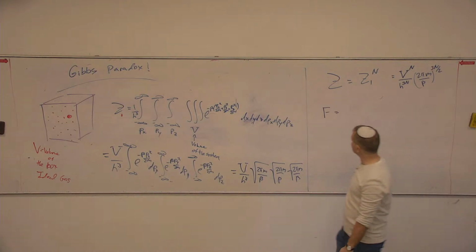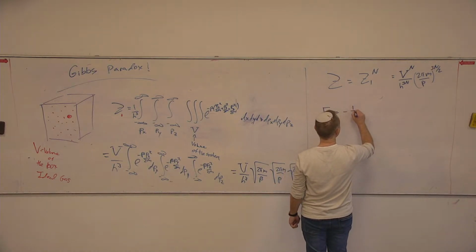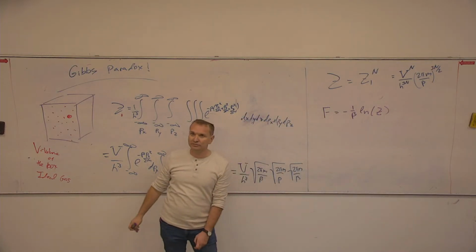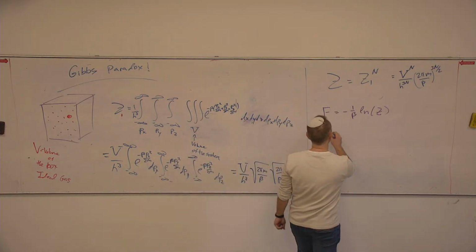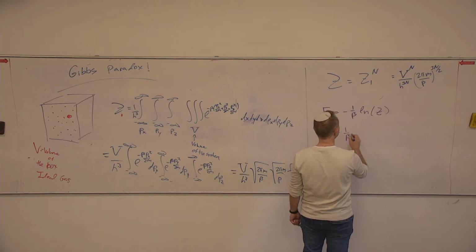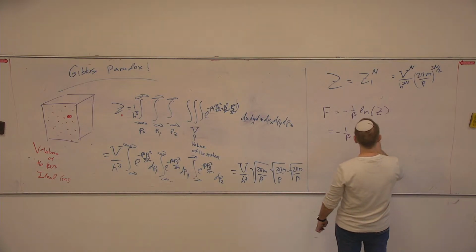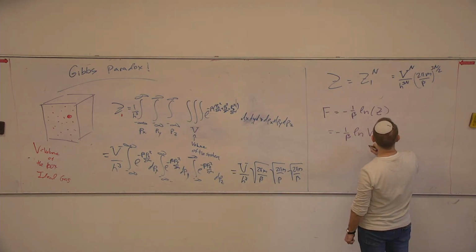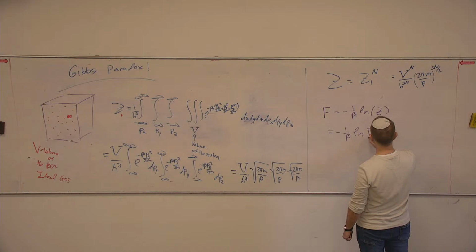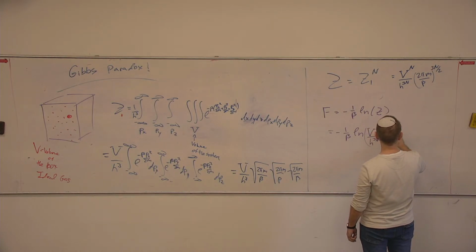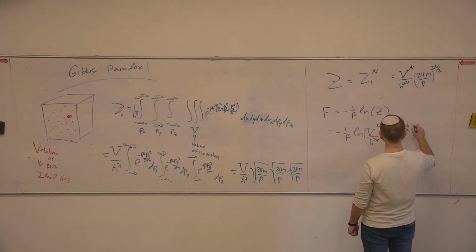So what we have, F is minus 1 over beta log of Z. Okay, we've seen it many times already. So it's minus 1 over beta log of V to the power N over h to the 3N, and here we have 2 pi m divided by beta to the 3N over 2.